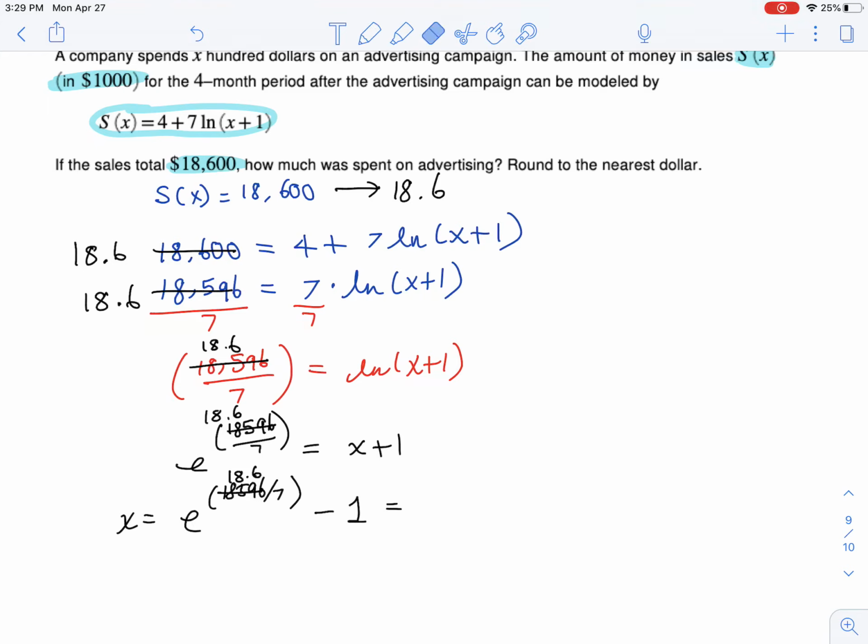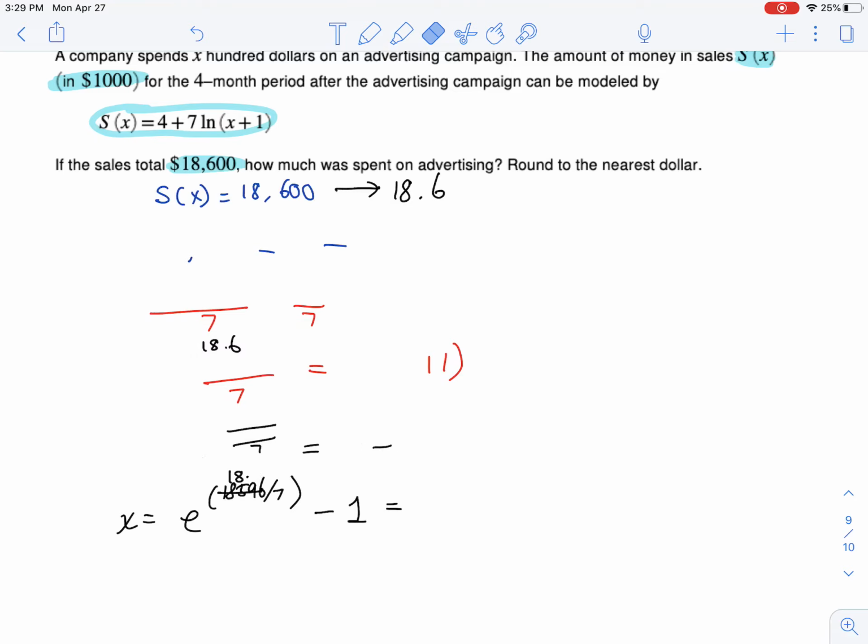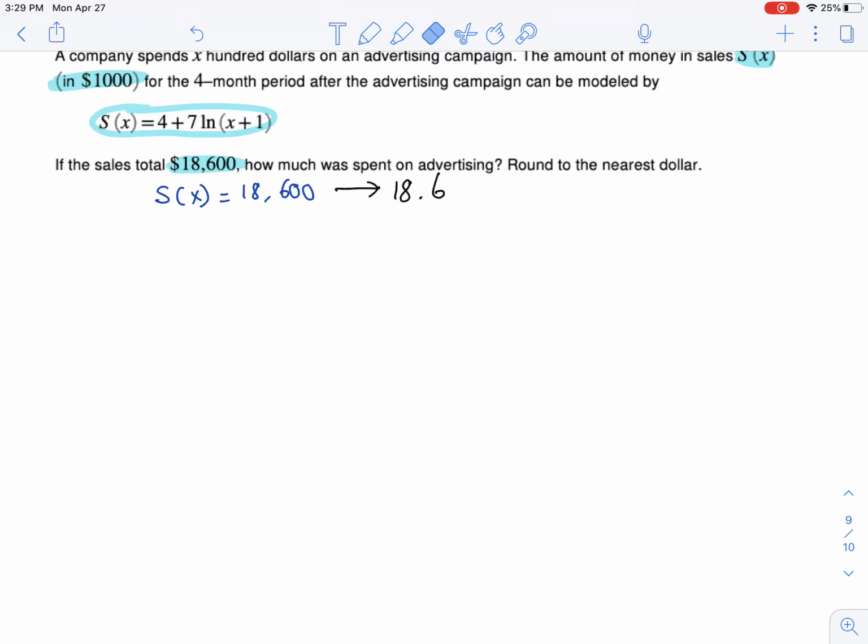18.6. Oh no, everything kind of changes. Let me just restart again. Read every word very carefully. Okay, so we're setting it up as 18.6 equals 4 plus 7 times natural log of x plus 1.